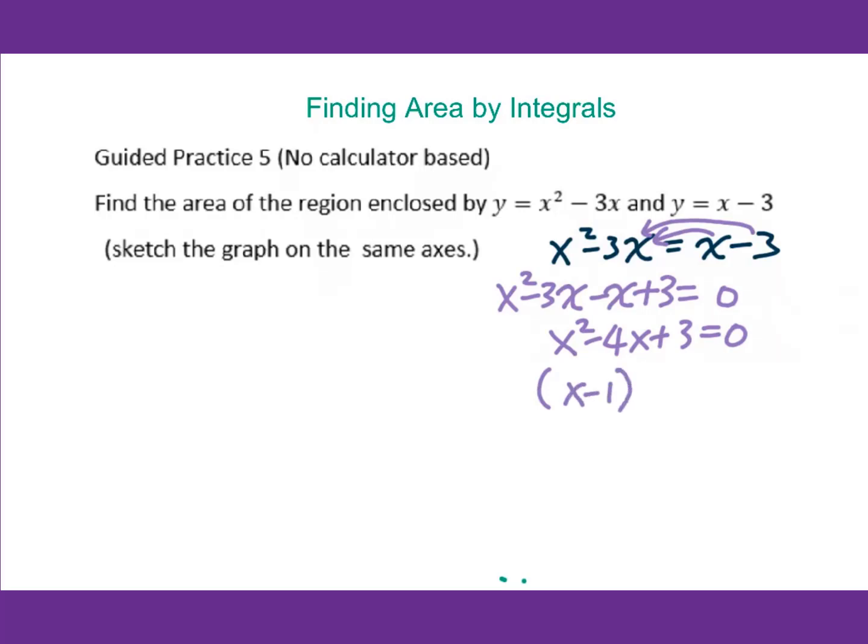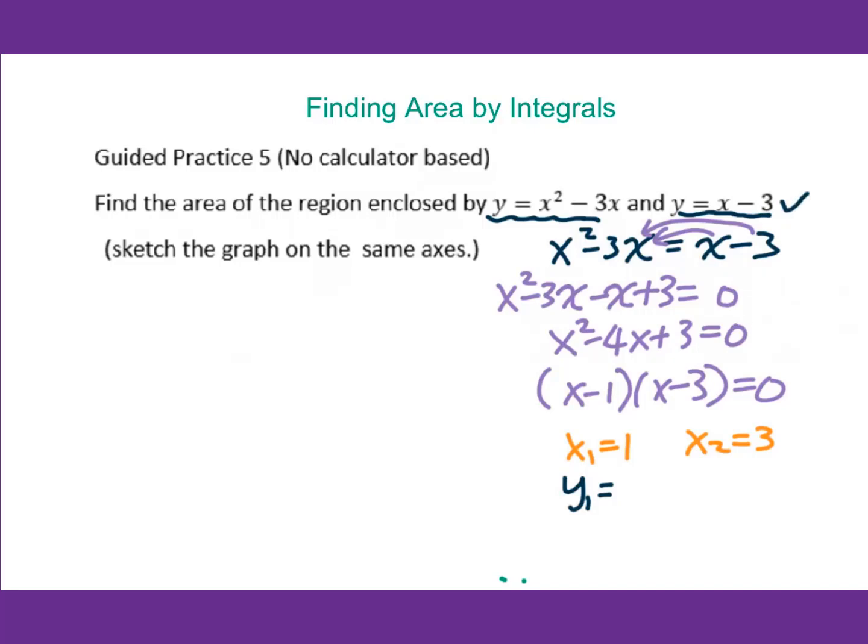Factor: x minus 1, x minus 3 equals 0. So we get x1 equals 1, x2 equals 3. Then for the y values, we need to plug into either this function or this function. The linear function is much easier, so we plug into x minus 3. 1 minus 3, you get negative 2.